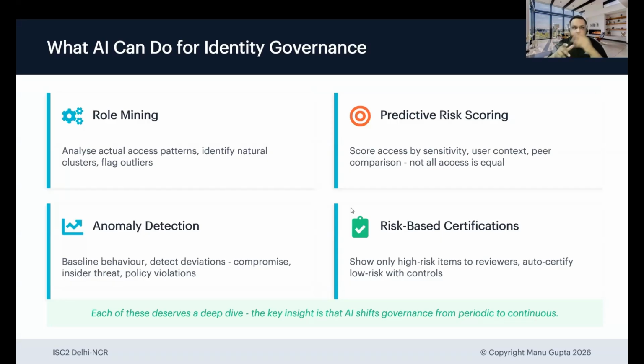Then we have predictive access scoring. Instead of treating all accesses equally, AI can assign risk scores based on multiple factors: the sensitivity of the resource, the user's function and role, and their historical access pattern. Based on that, it can tell whether they should have that access or not. This also sets the foundation for risk based access certification.